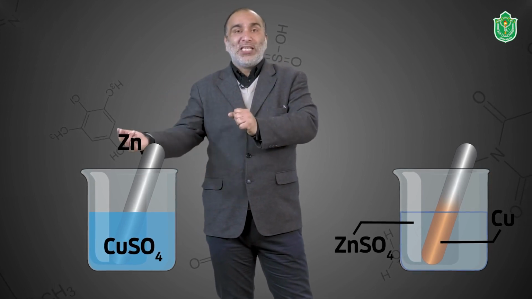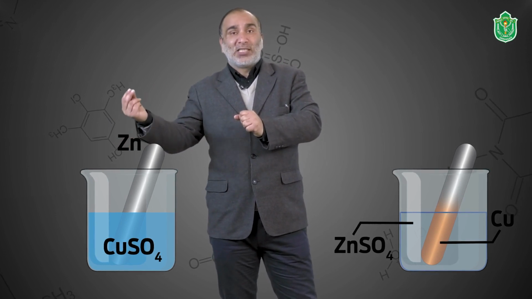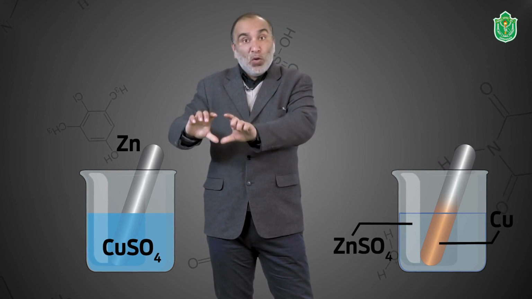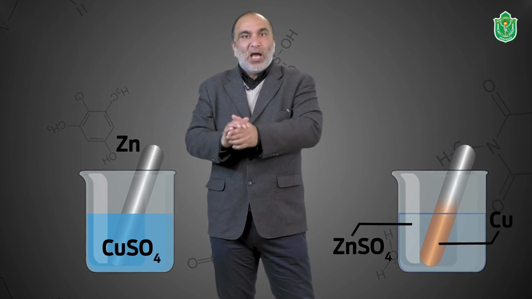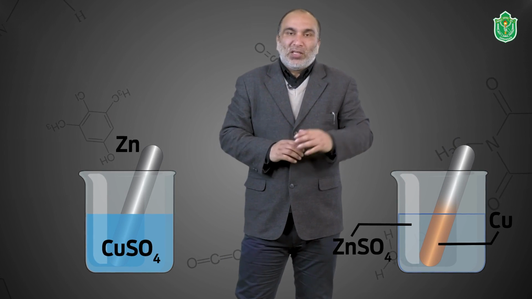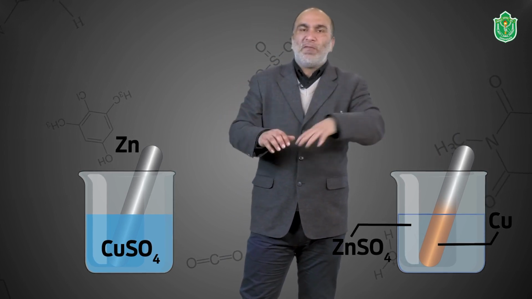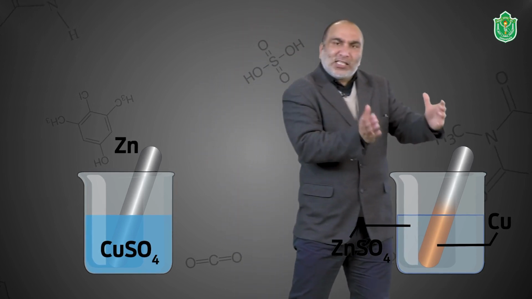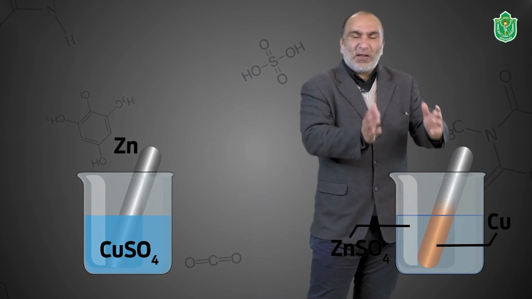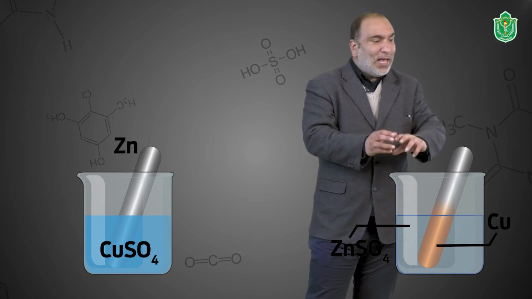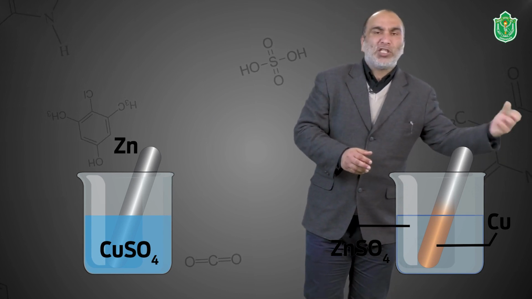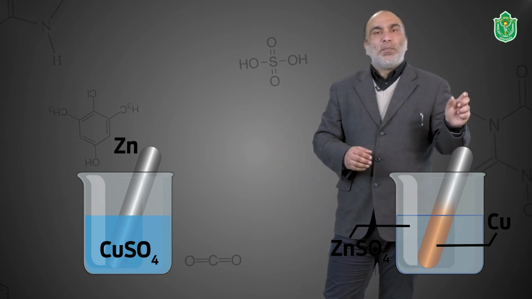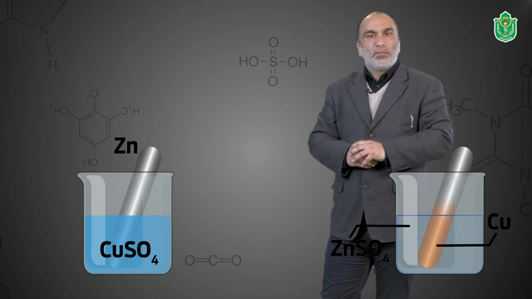And when this solid zinc rod is introduced into the blue aqueous solution of copper sulfate, after some time we see the blue color of the solution fades away. And when it fades away, we get a colorless solution of zinc sulfate, and we have a reddish deposition of copper on the degraded zinc metal rod.